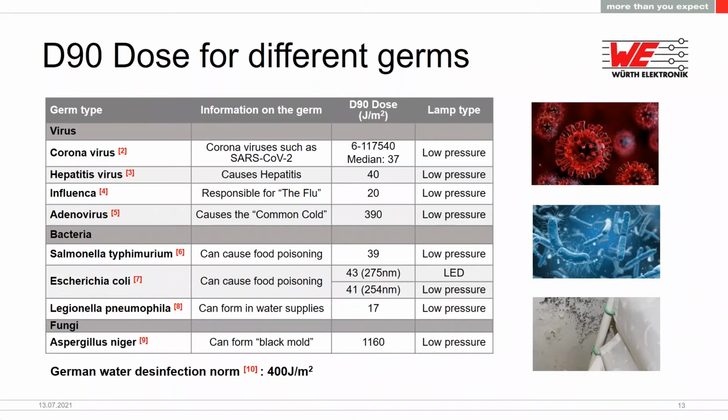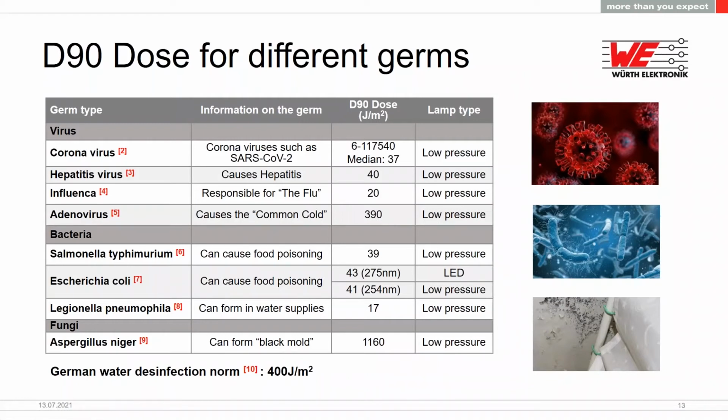But now we're interested if these values for the D90 doses are actually also applicable to our 275 nanometer LED. So this is why I show you this as example, this E. coli, where we have the D90 dose measured within the same research group for 275 nanometer LEDs and also for low pressure UVC tubes.